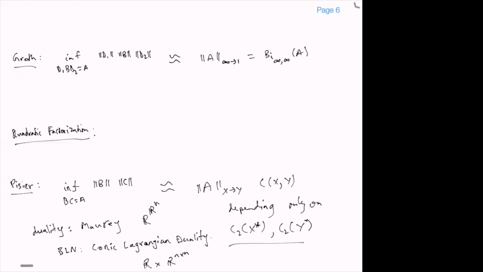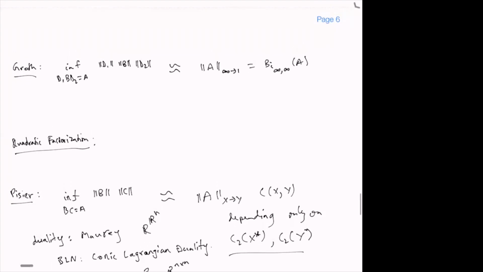We actually show the following equivalence. The infimum over B, C, such that B transpose CB equals A, where A is symmetric.